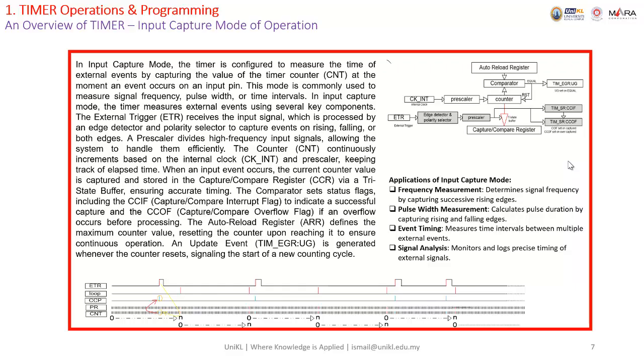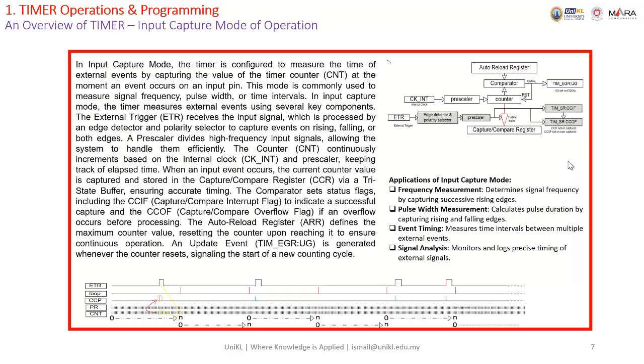Then the signal fed through the prescaler energizes or counts up the counter. So the counter will count up and count, and whenever it is equal to the value inside the ARR register, it will reset and carry on that way.